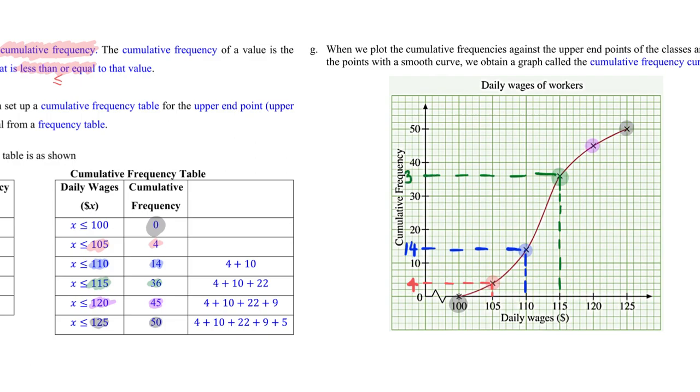And when we join it, we just need to make sure that it looks like a smooth curve. This will be 45.